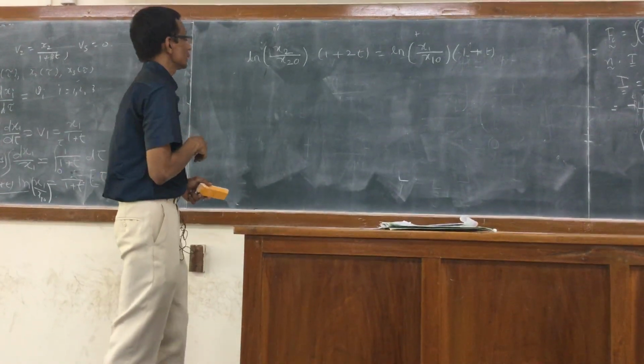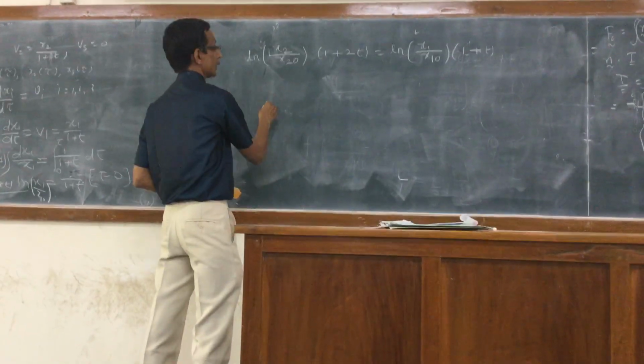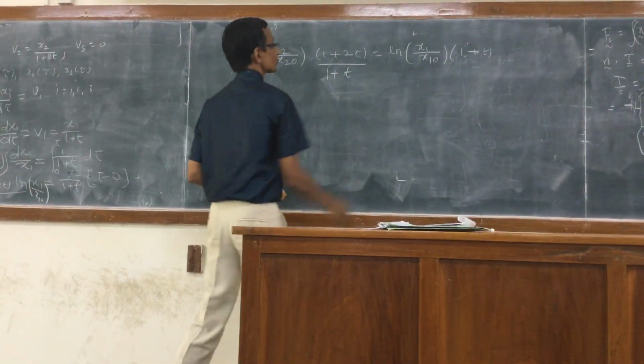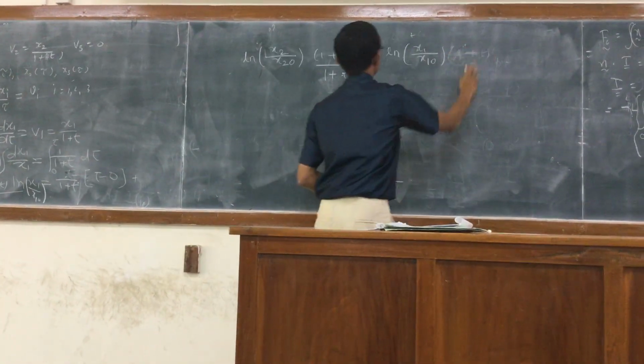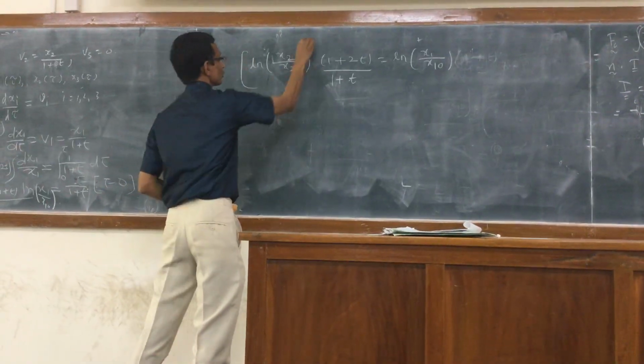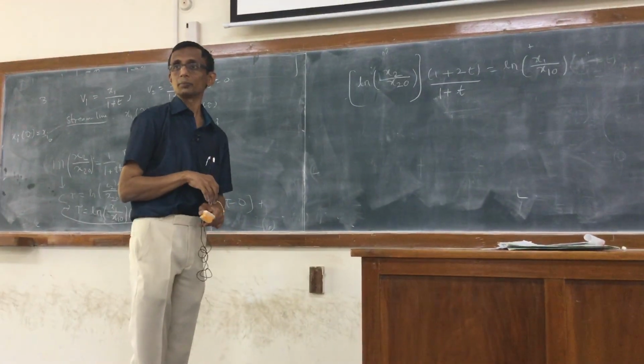So I could probably take t over to one side and then write this like this. This is somewhat confusing to write. This is multiplying the logarithm, not within the logarithm. Right?